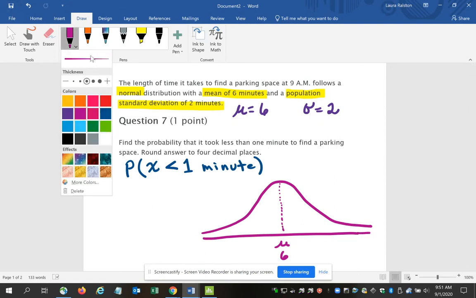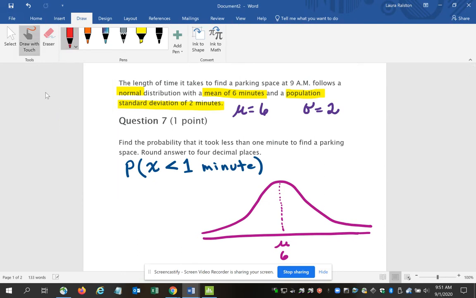I'm interested in the probability it takes less than 1 minute. If 6 is in the middle, 1 is going to be somewhere over here on the left, and I want to be less than that. So I'm really looking for this shaded region.